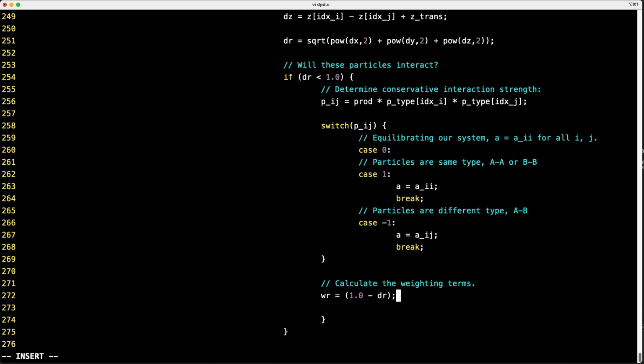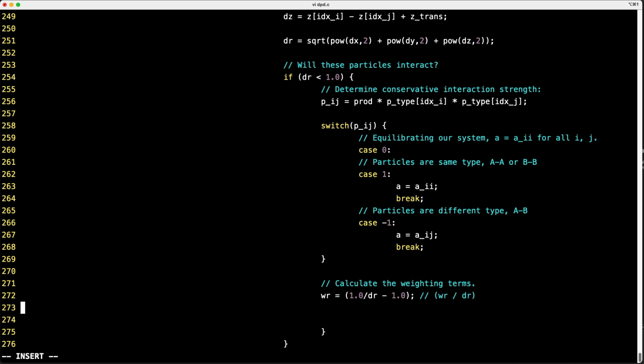We divided through by dr because we're taking the dot product between the force and all of the different directions to get the components. So ahead of time, I'm just going to go ahead and divide through by dr. So we have 1 divided by dr minus 1. So this is actually wR divided by dr.